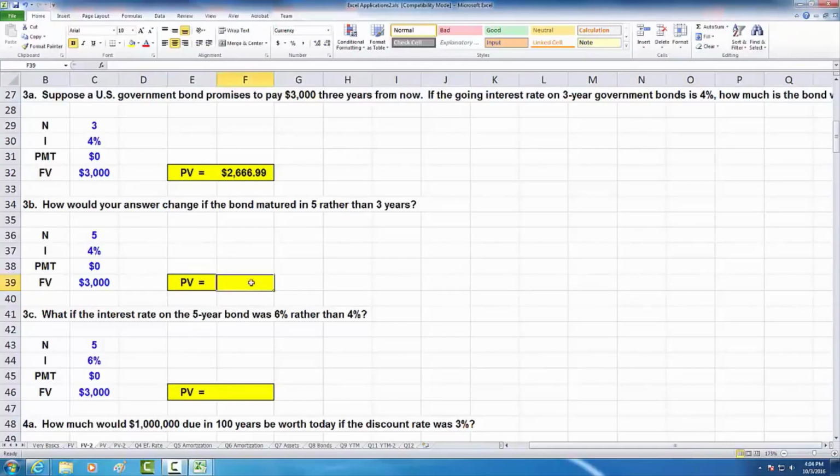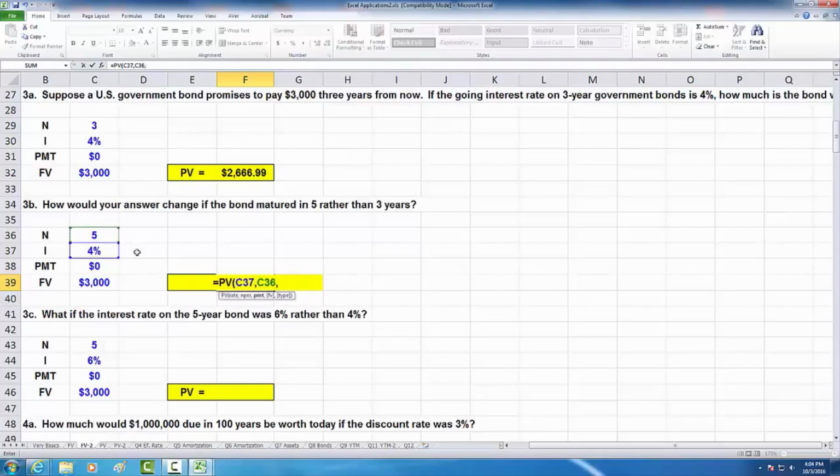So what you need to do is just, instead of 3, we have 5 here. Use equal sign, write present value, first the interest rate here, and then comma, number of periods, 5 this time, and we have 0 payments.